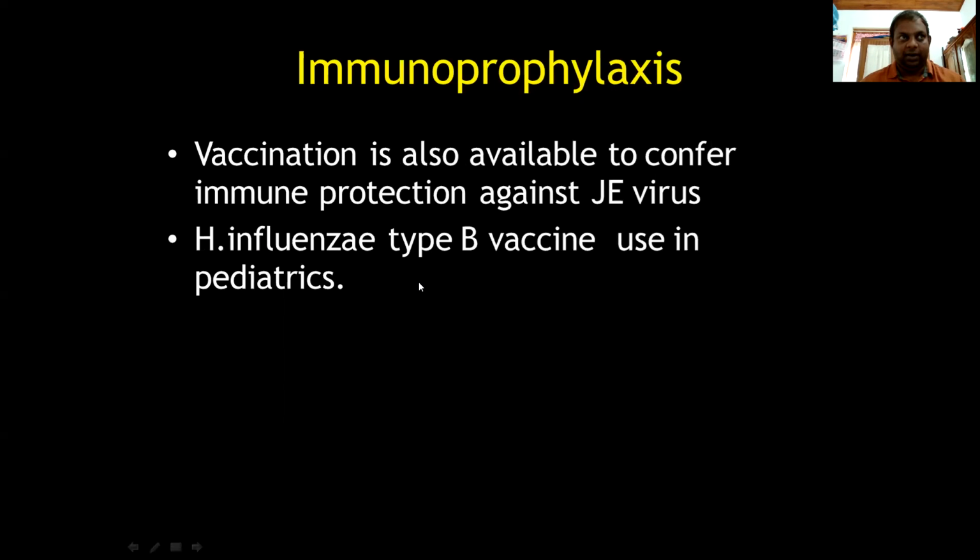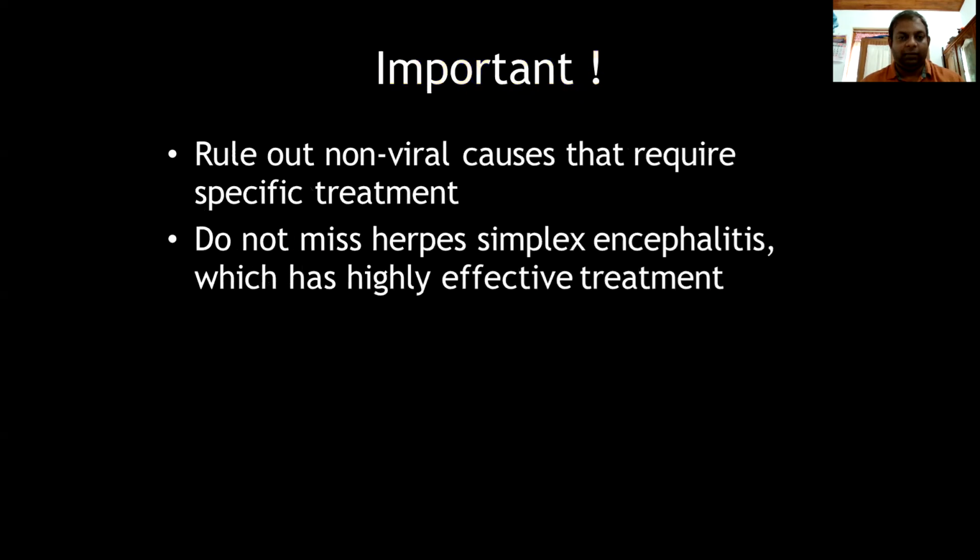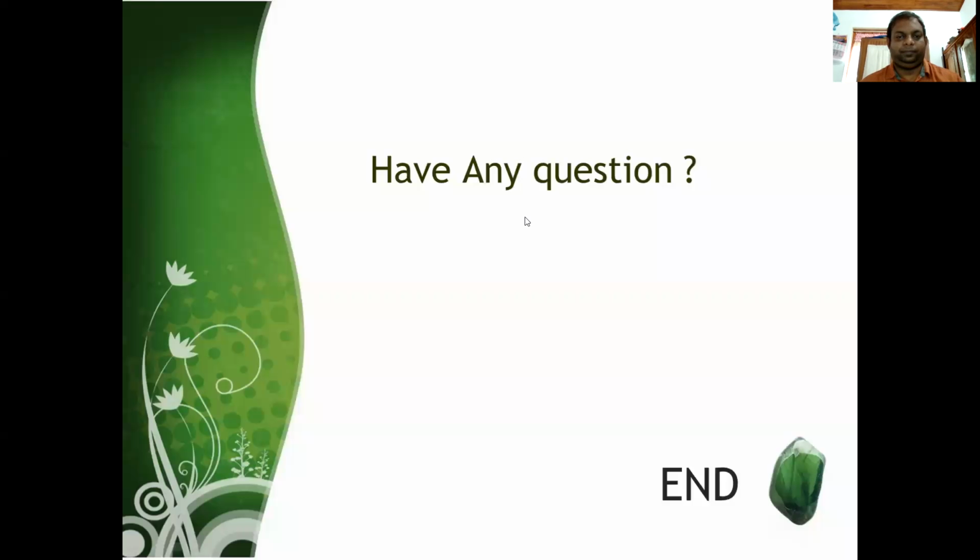BCG vaccination will prevent mainly TB meningitis as well as miliary TB, not pulmonary TB. So always in meningitis we have to rule out non-viral causes. Do not miss herpes simplex encephalitis, which has highly effective treatment, and if we do not treat it, the patient will inevitably die. Thank you.